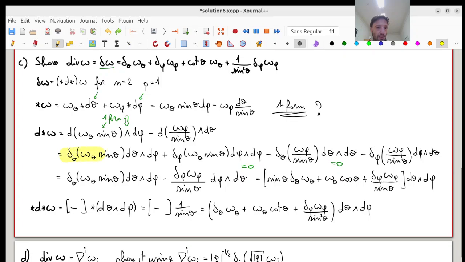Therefore, we have the derivative with respect to phi, and then the derivative with respect to phi of that, but that's equal to 0, as we know. Then for this other part, we have the derivative with respect to theta, and the derivative with respect to phi. And again, this derivative is non-zero, but here we have repeated indices, therefore that's equal to 0, and the only terms that survive are those two.